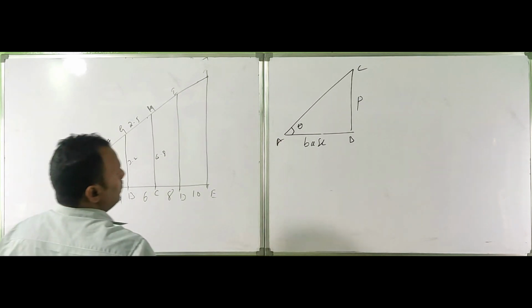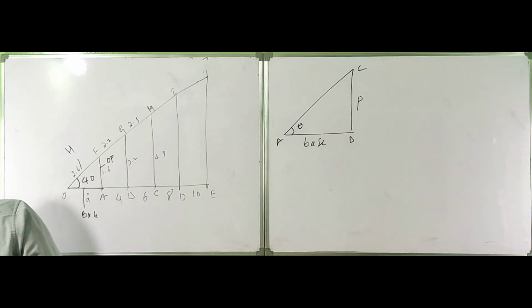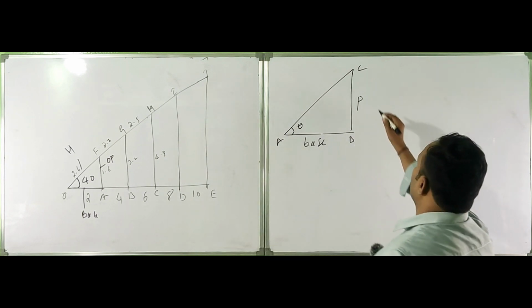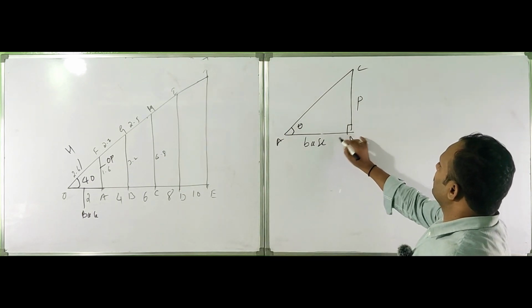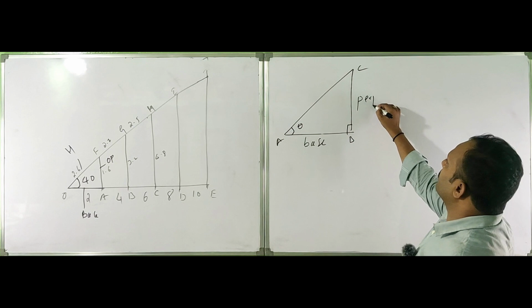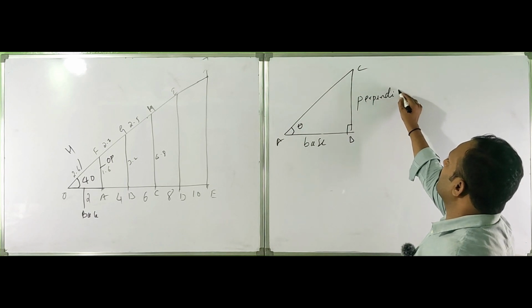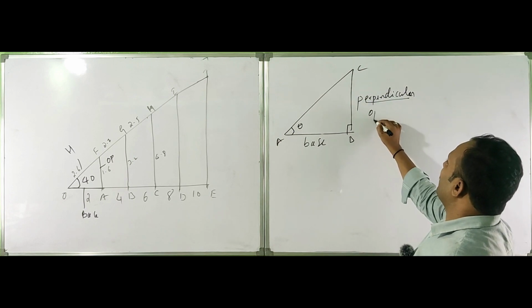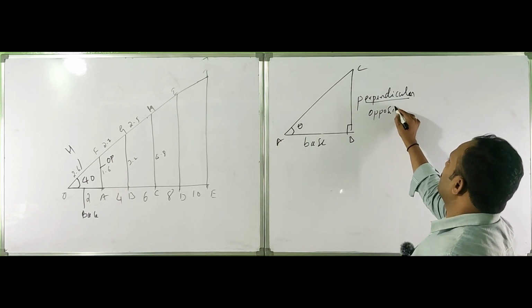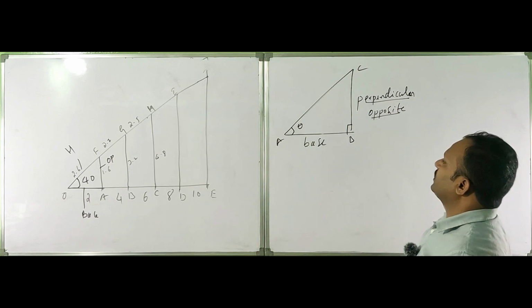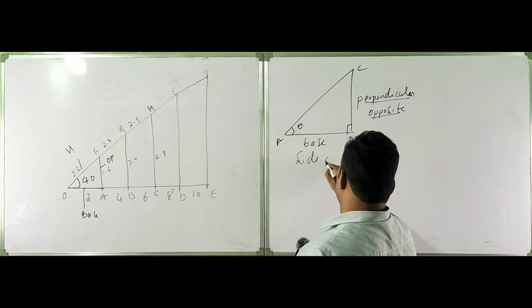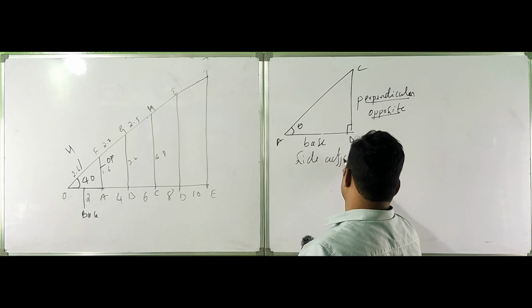Side opposite, side adjacent. So perpendicular, because this is 90 degrees; perpendicular you can also call it. In some books they call it opposite. Here, the definition is the side adjacent to the angle.